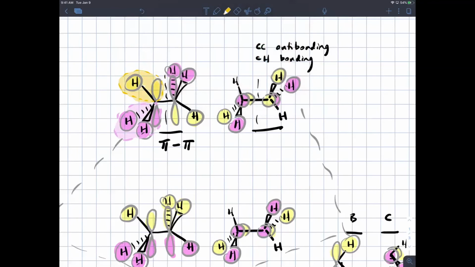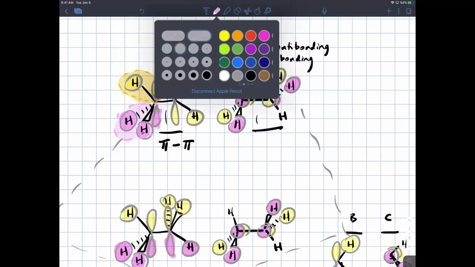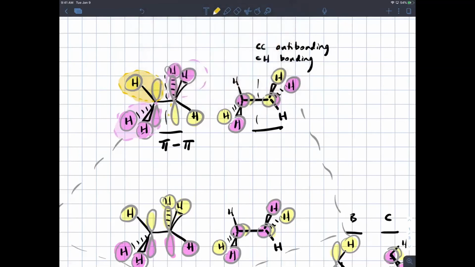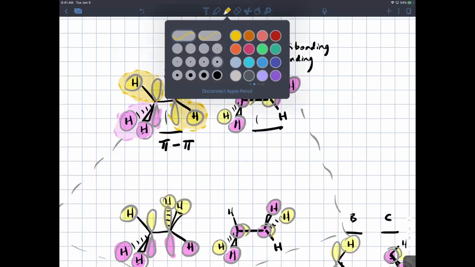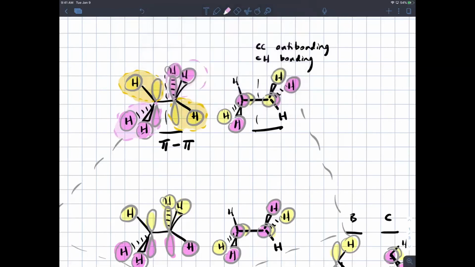In fact, if we go to Spartan, what we've got here is going to look very much like a pi star for a pi bond. Only the lobes on either side will be between carbons and hydrogens and have substantial carbon-hydrogen bonding character. Okay, questions so far?